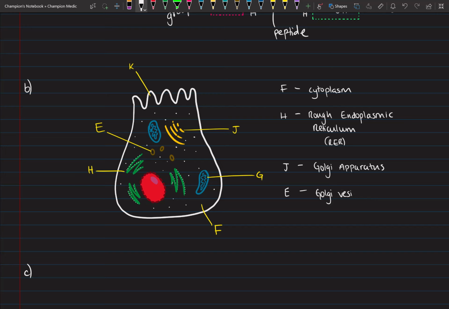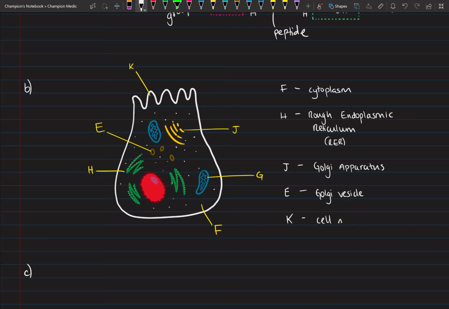The Golgi vesicles are fluid-filled sacs surrounded by a membrane. What happens in the vesicles is that it stores the lipids and proteins which are made in the Golgi apparatus, and then it transports them out of the cell to organelle K, and K is the cell membrane.